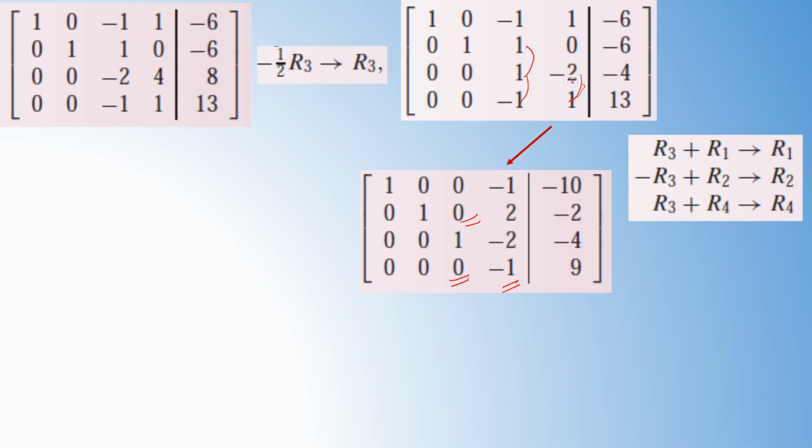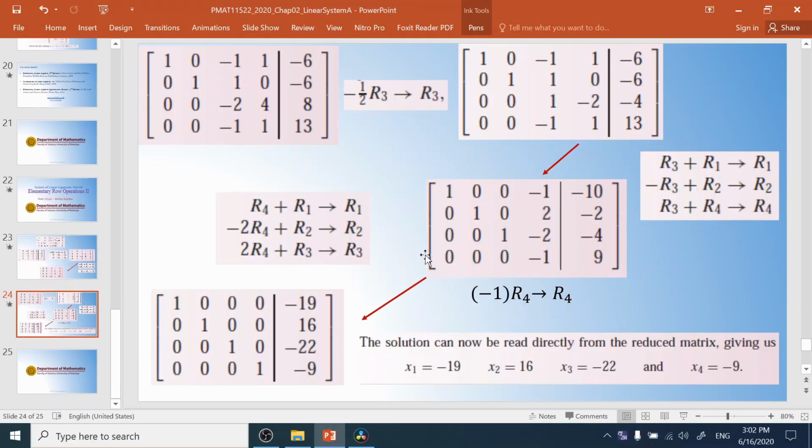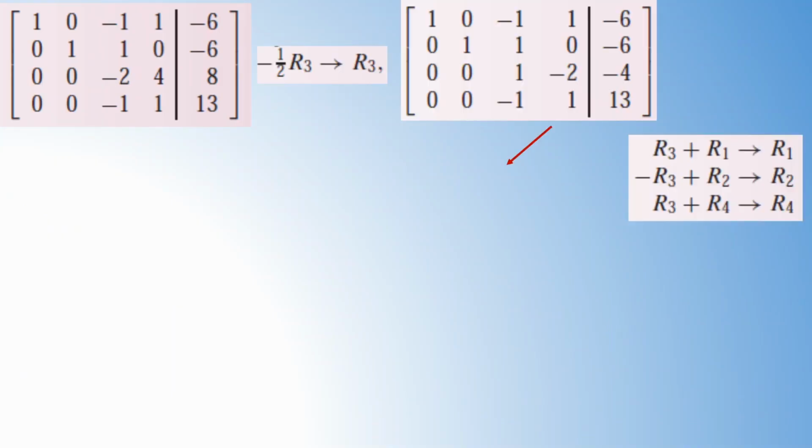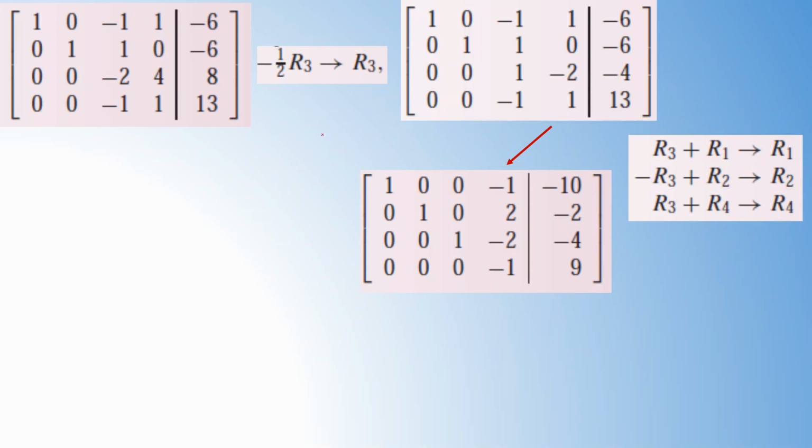Minus 2 into minus 1 is plus 2, and 2 plus 0 is 2. So you add the third row to this equation. 1 plus minus 1 is 0. Minus 2 plus 1 is minus 1. Minus 4 plus minus 6 is minus 10.